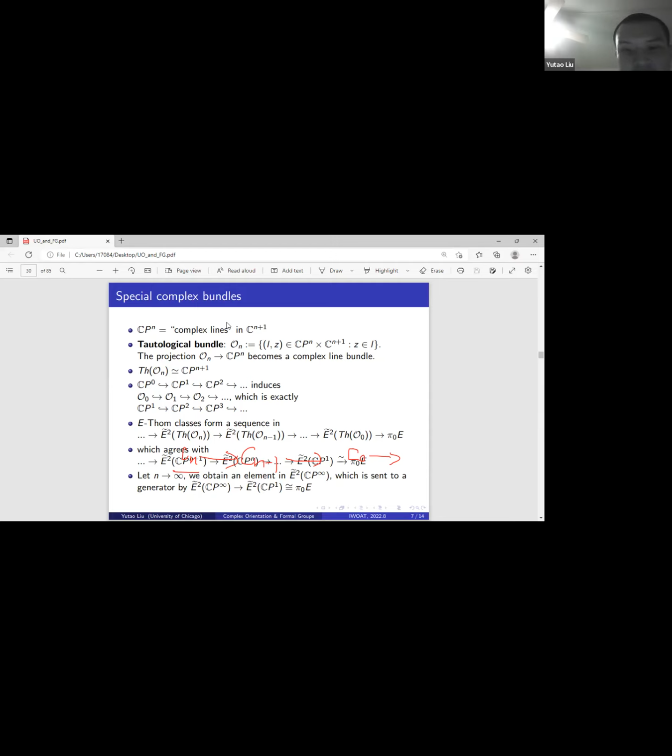And this element in the cohomology of CP^infinity will be sent to a generator of E^2 of CP^1, which is the same as pi_0 E, because CP^1 is the same as S^2, the two-dimensional sphere. So in conclusion, if you have a complex orientation on a spectrum E, then basically you can obtain a special element in the E-cohomology of CP^infinity, which is mapped to a generator in the E-cohomology of CP^1 as a module over pi_0 E.